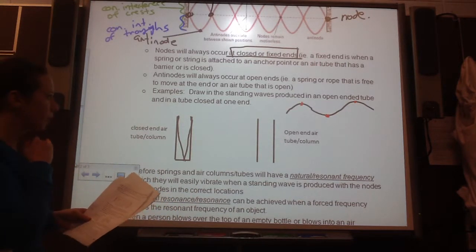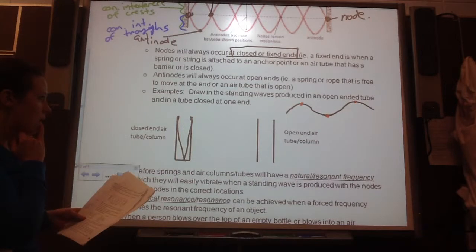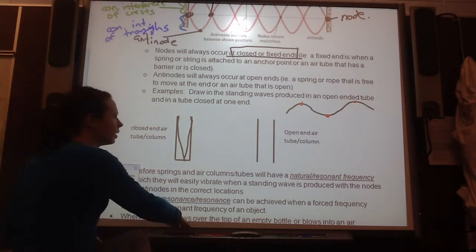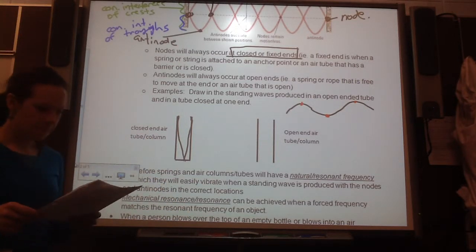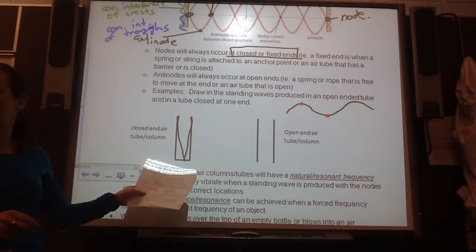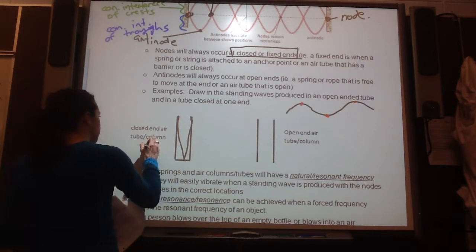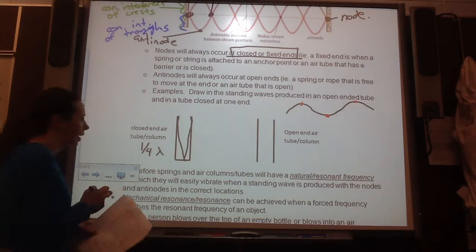So we're only going, yeah, I thought it was a quarter. It's a quarter, this one is, right? That makes sense. Yeah, so this is a quarter of a wavelength.